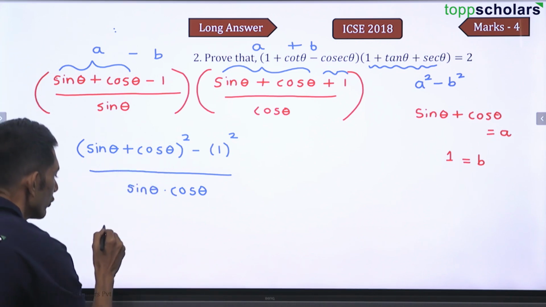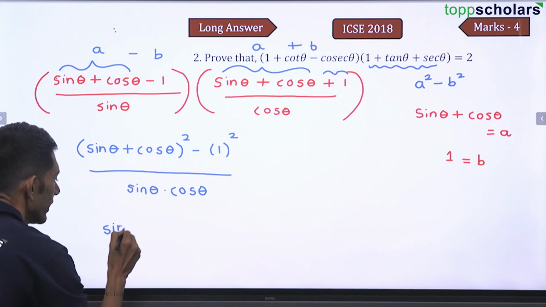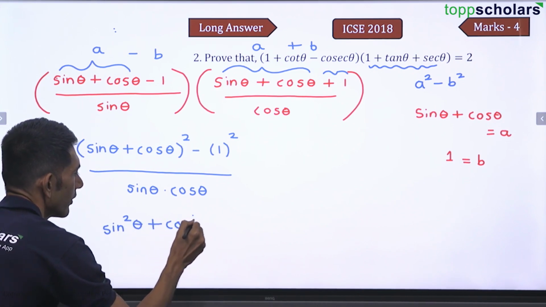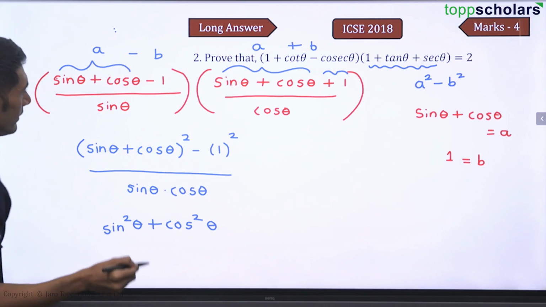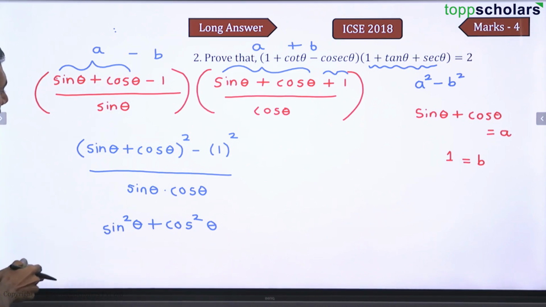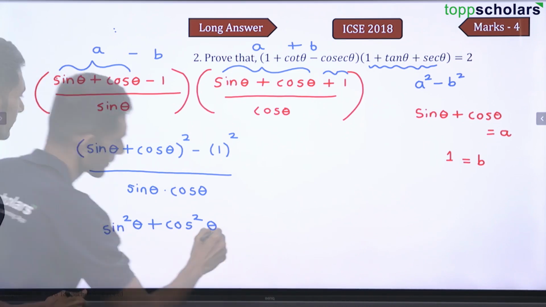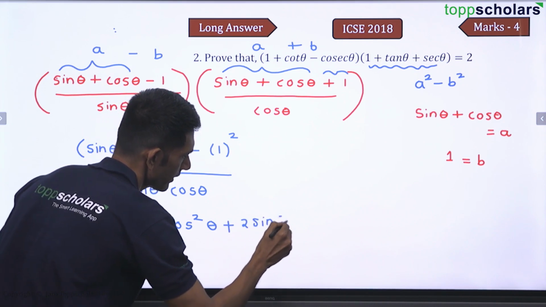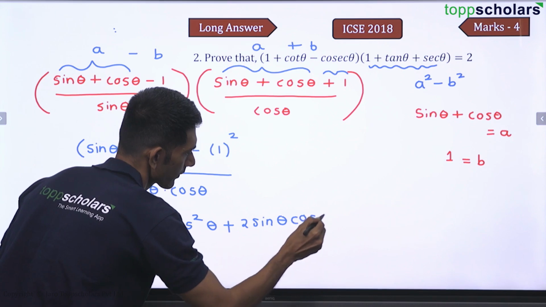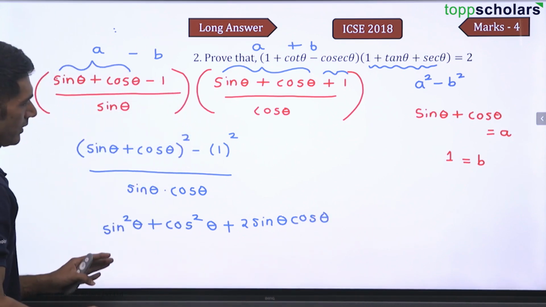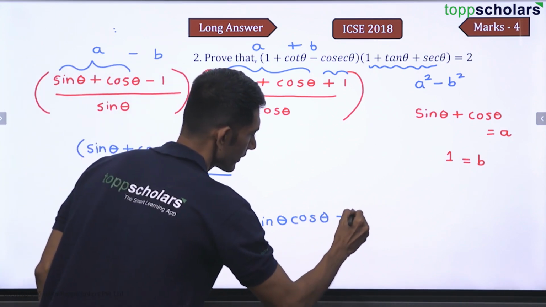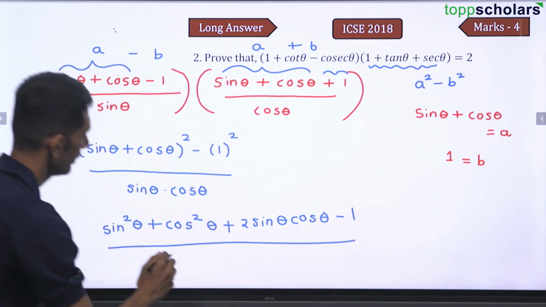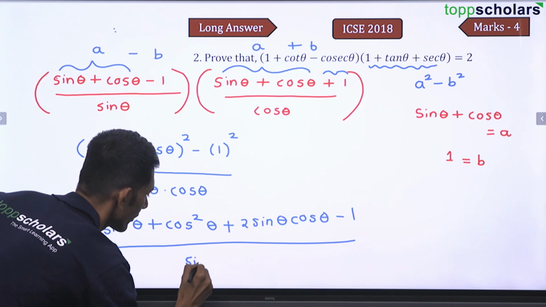This is (a plus b) the whole square, so that gives you sin square theta plus cos square theta, right, plus 2 sin theta cos theta, correct, and then minus 1, and this is whole upon sin into cos.